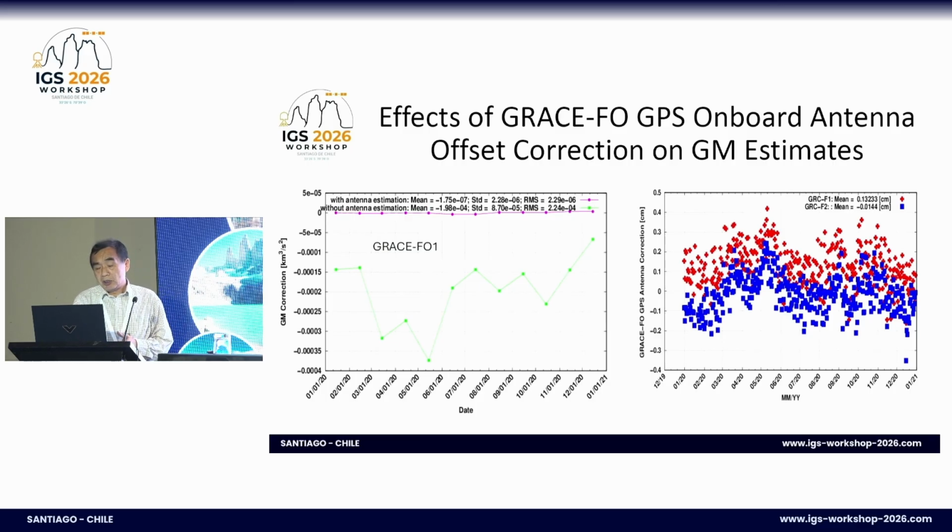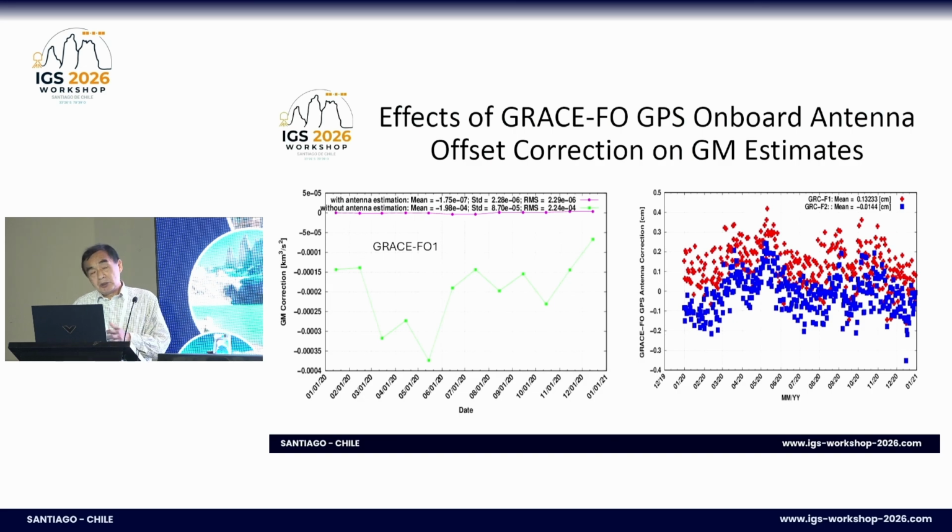Here are the comparisons with and without the antenna offset correction. The magnitude is about 1 millimeter. You can see when I estimate the antenna offset, the solution is very stable.